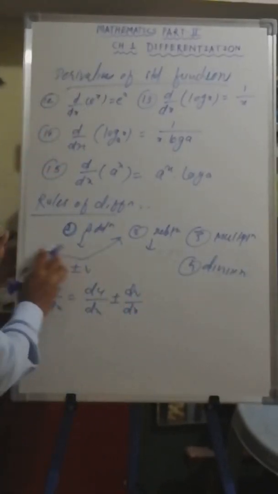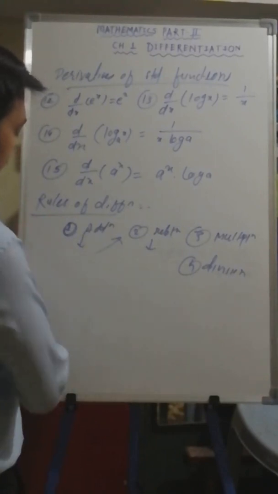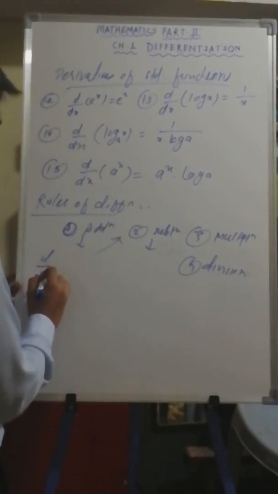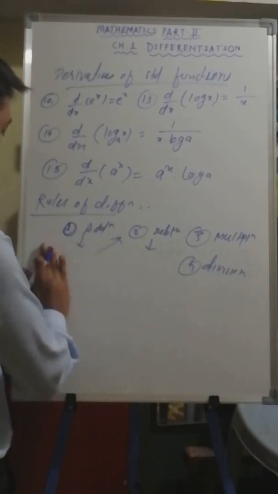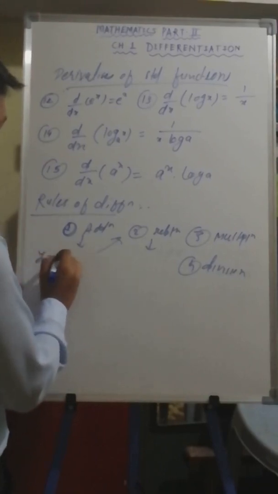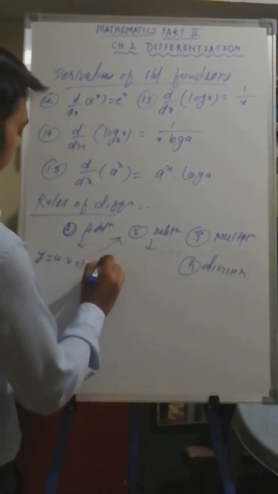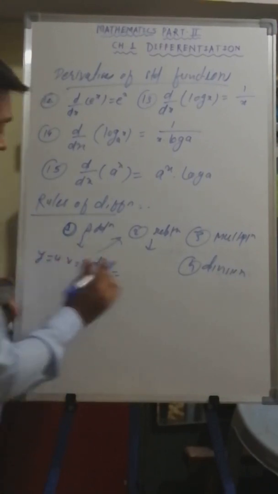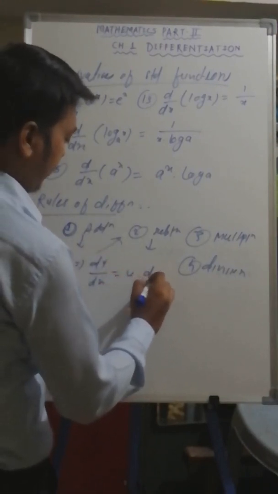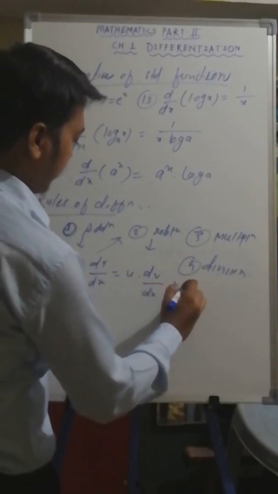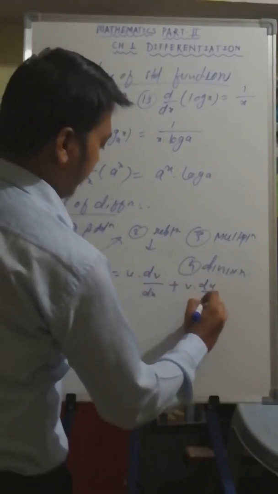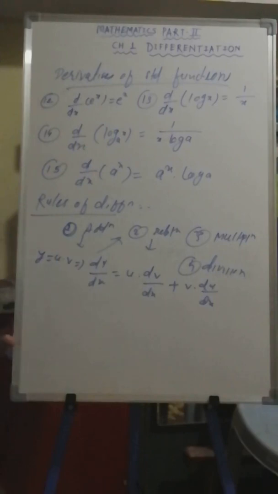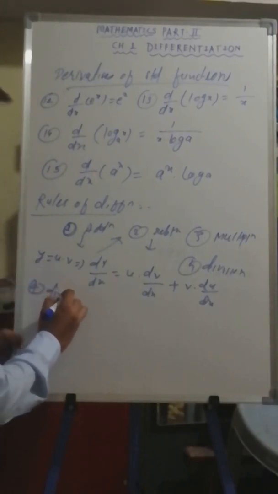Then we solve for multiplication. If we take a function y equal to u into v and take its derivative, then you write here: u into dv by dx plus v into du by dx. This is the multiplication rule. Then fourth is division.